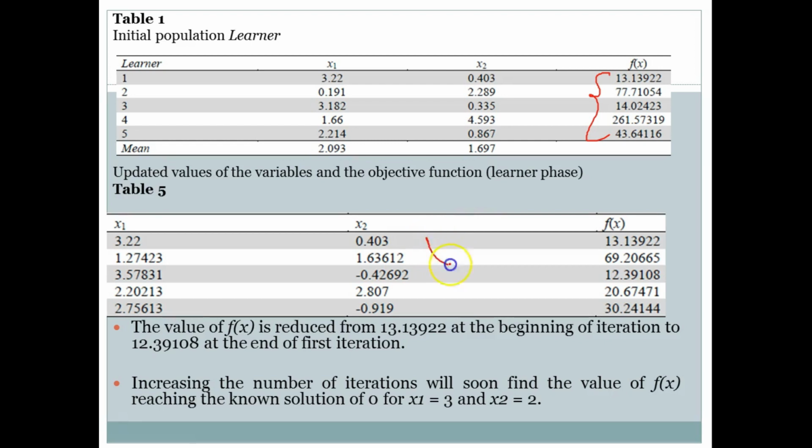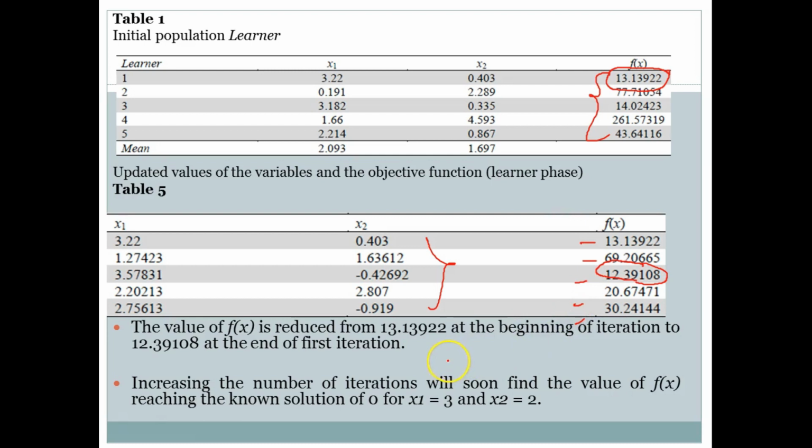Now this is what we have achieved after the learner phase, and this is the result. And here you can see that at the start, this is the best result we had in our population, but now you can notice that it has moved to 12.3. That means after the first iteration of the teacher and learner phases, we are able to improve our result.